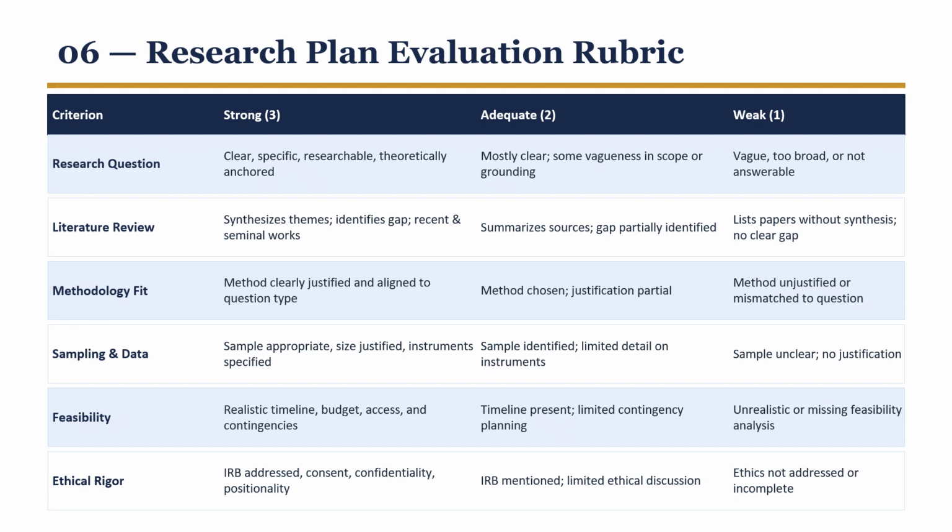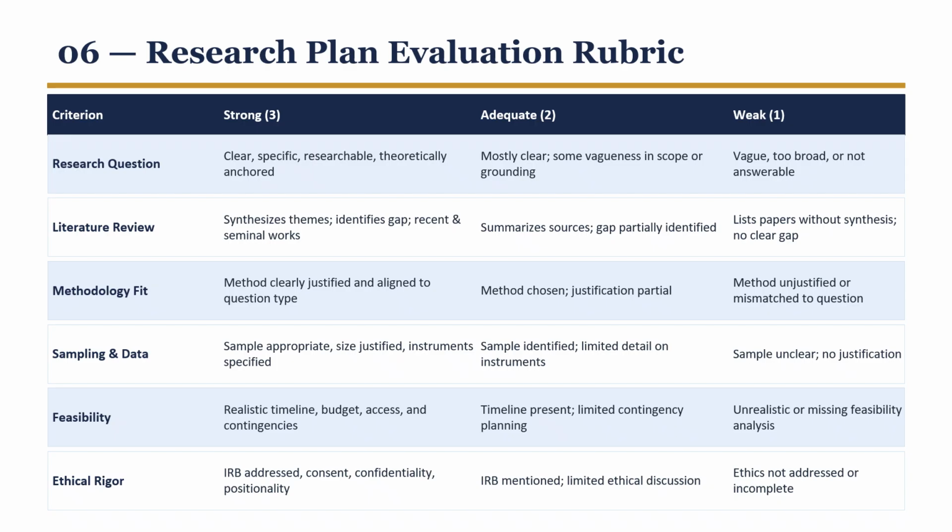When we're looking at research plans, we're looking at the things that we just discussed: the research questions, the lit review, the methodology, the sampling, how data is collected, the feasibility, the rigor, the ethical piece of it. If you take a moment and look at the 3-2-1, when it looks at research questions, something so broad and vague would be weak.